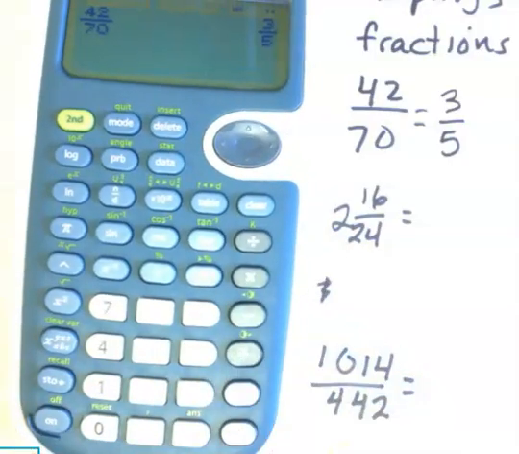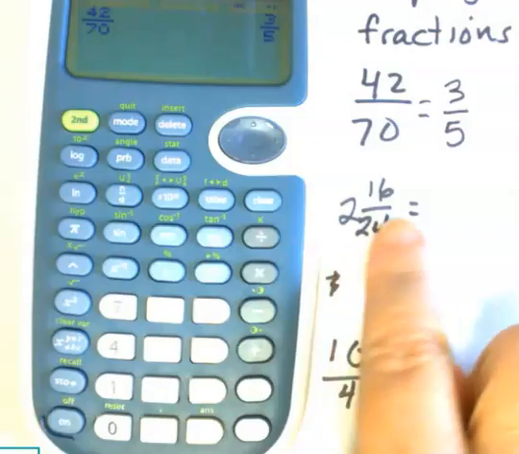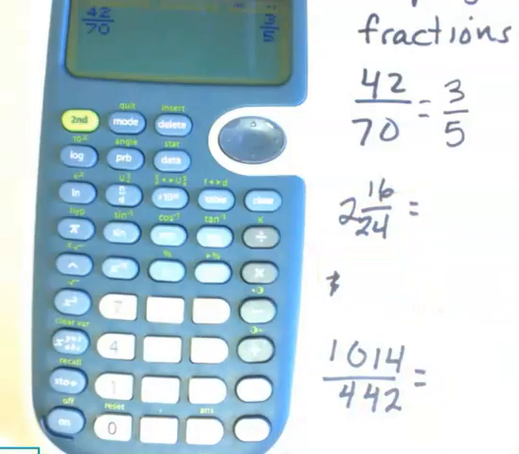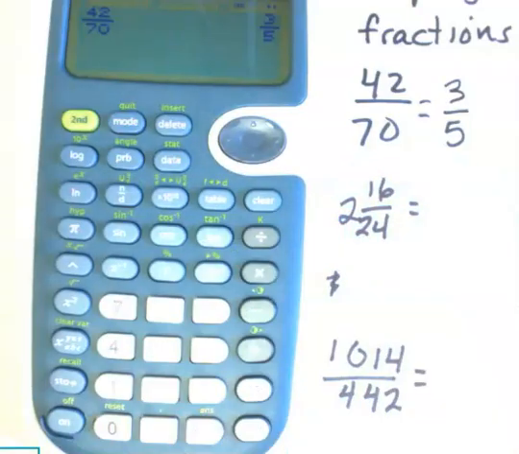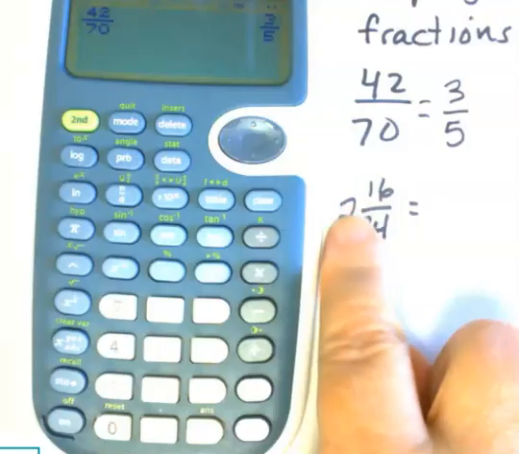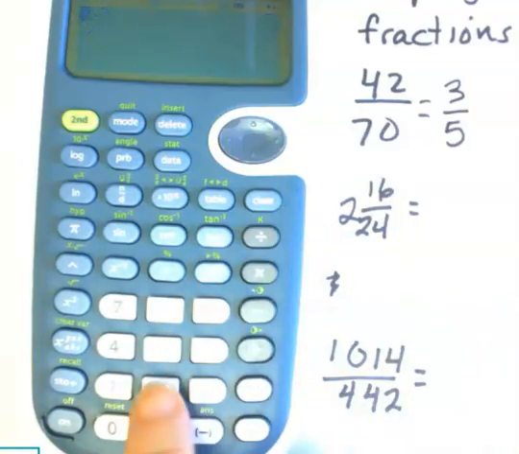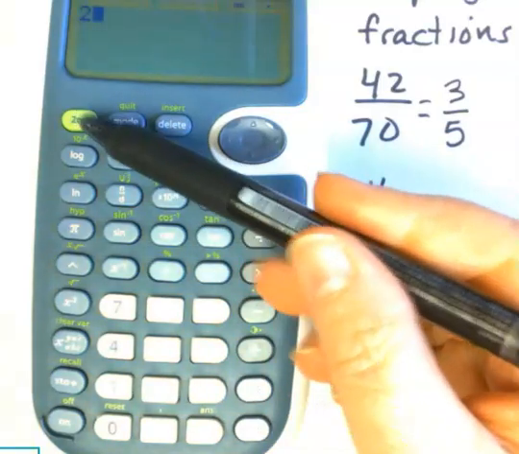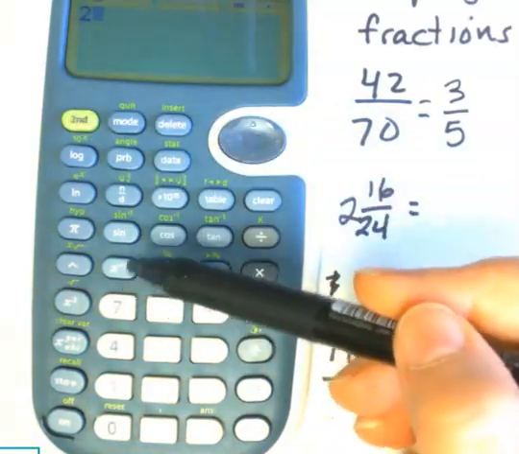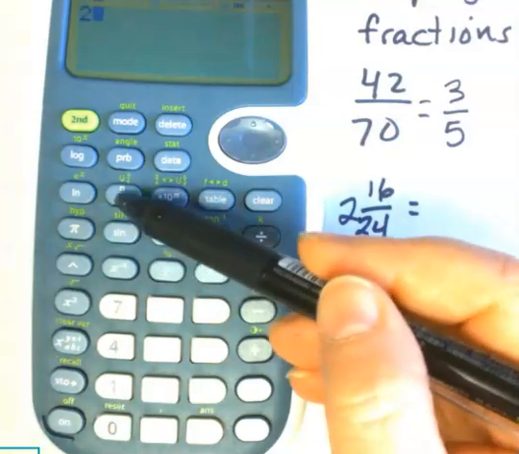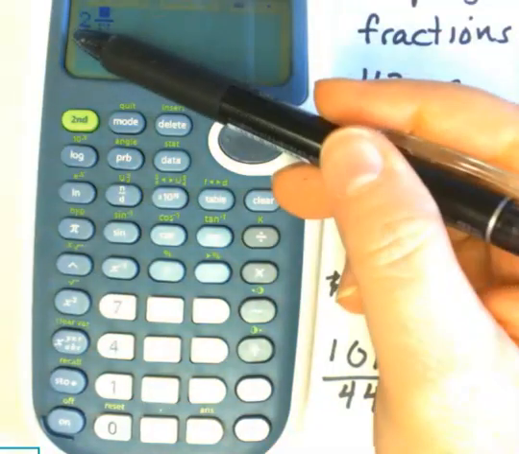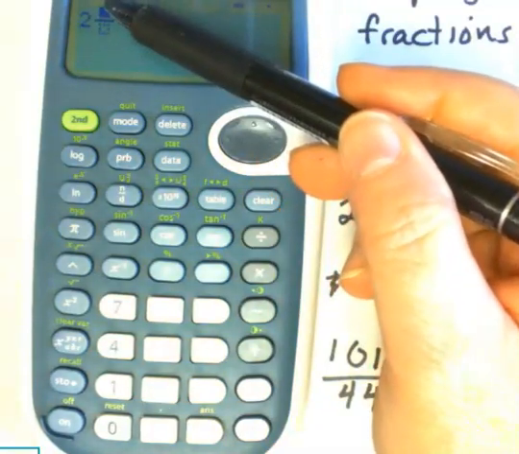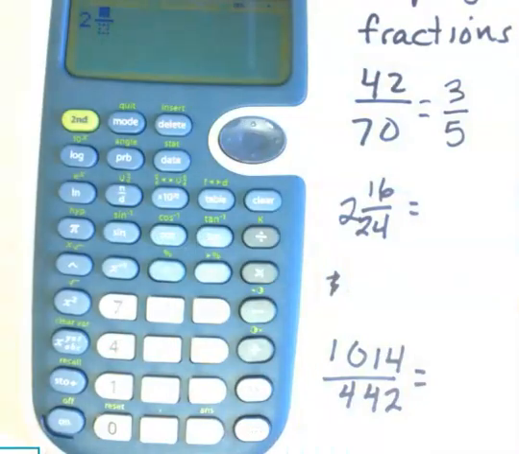Do a little bit bigger example. So this one is a mixed number. So I'm going to use the mixed number option for entering that number. So again, I'm going to enter the first whole number in that. So I'm going to press 2. And then I'm going to tell the calculator that I'm entering a mixed number. So I press that second button first, and then I press this, and it says, oh, you want that as the whole number part, and now you're going to do a numerator and a denominator.